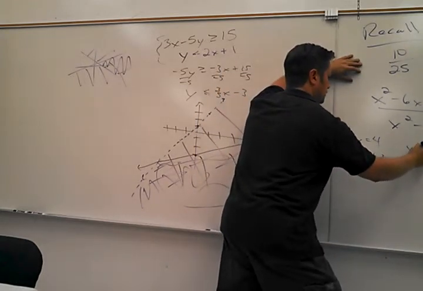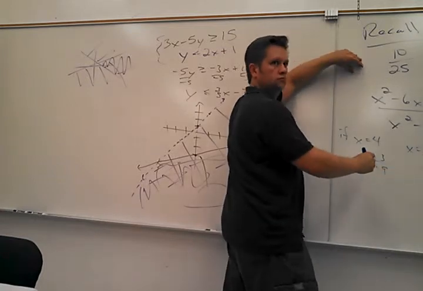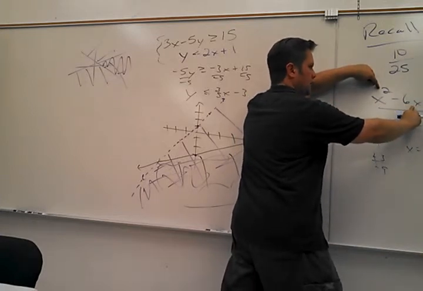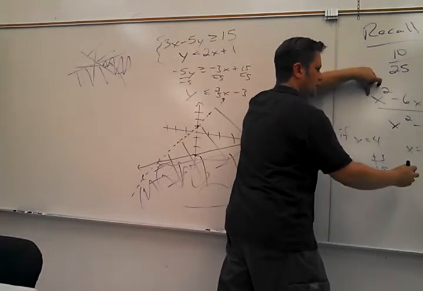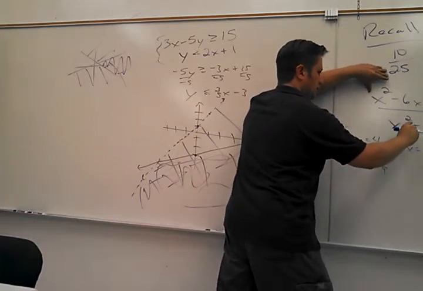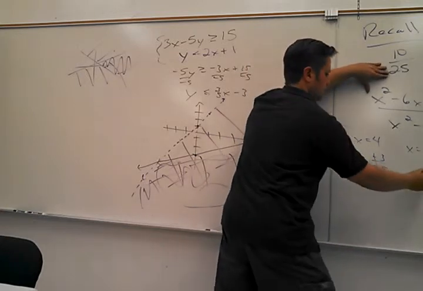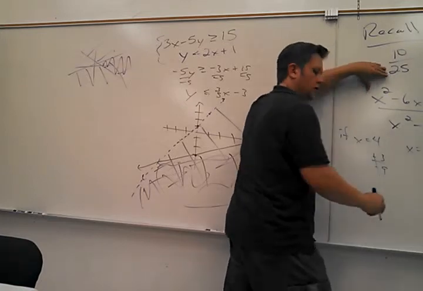If x was 2, what would this be? 4 minus 12 is negative 8 plus 5 is negative 3. And this would be 4 minus 25, negative 9. What does that reduce to? Negative 1/3, right?